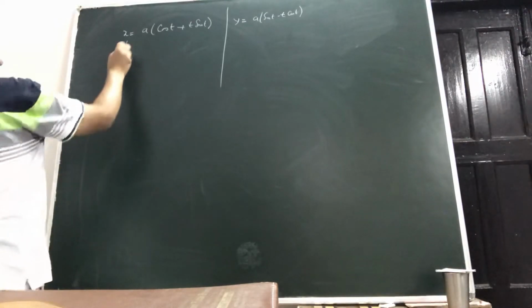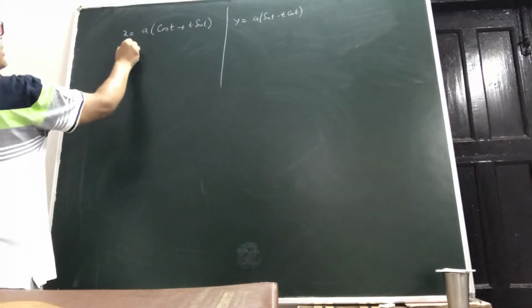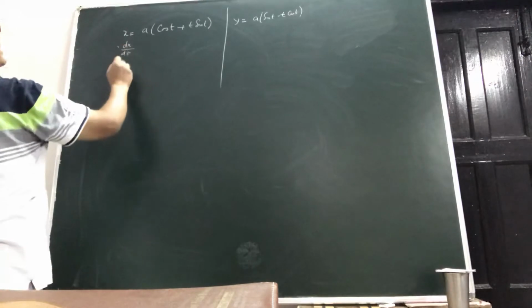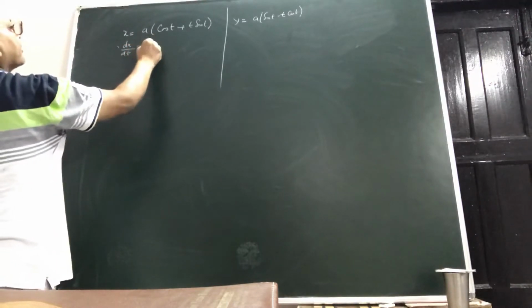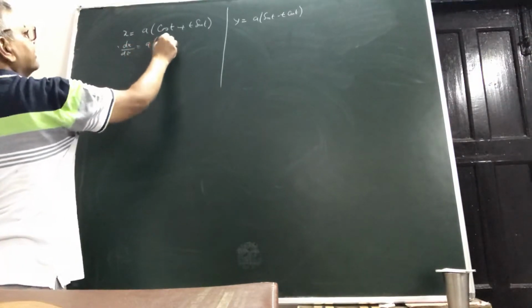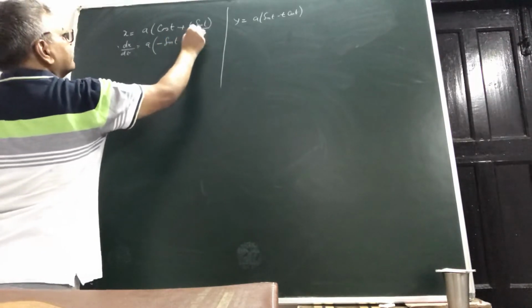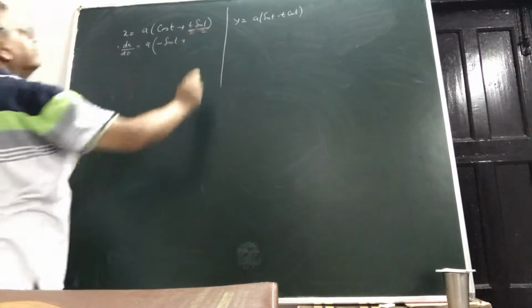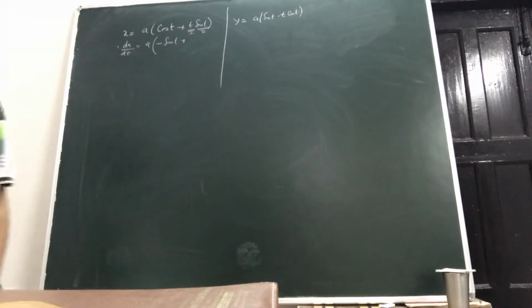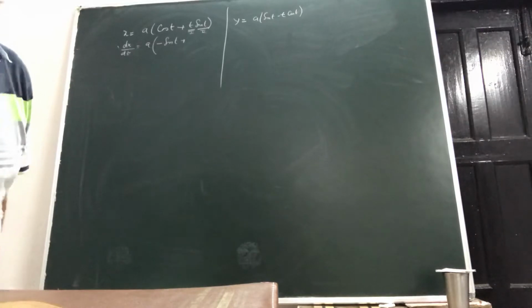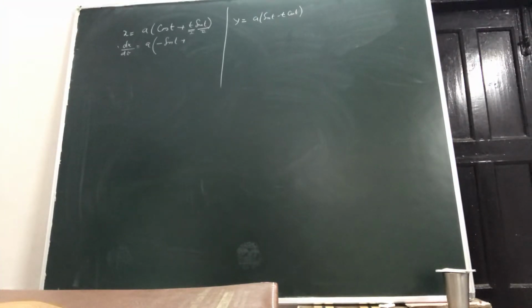So dx by dt is equal to what? a is constant. The derivative of cos t is minus sin t, plus... This is the product of two functions, first and second. So for finding the derivative of t sin t, we will invoke the product rule.